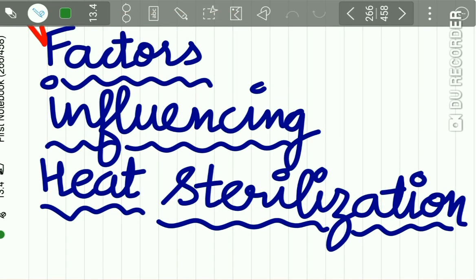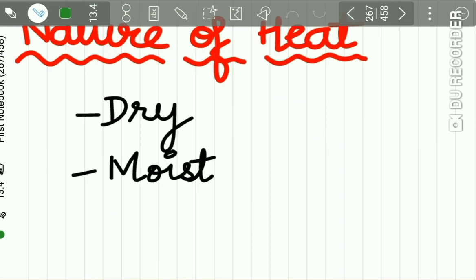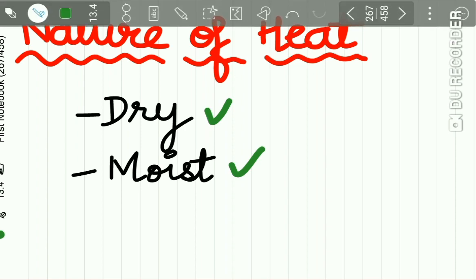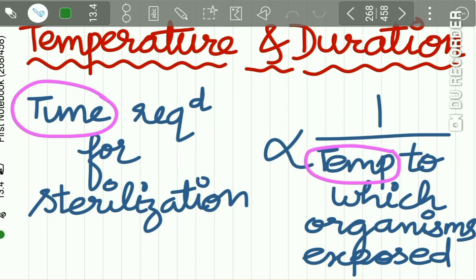Now the factors influencing heat sterilization. First is the nature of heat, whether it is dry heat or the moist heat. It affects the sterilization process. Secondly, the temperature and duration, that is the time required for sterilization, is inversely proportional to the temperature to which the organisms are exposed.